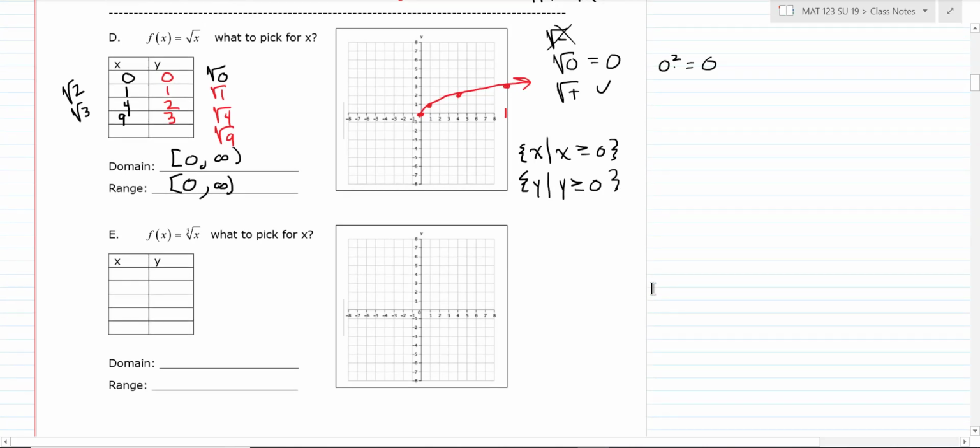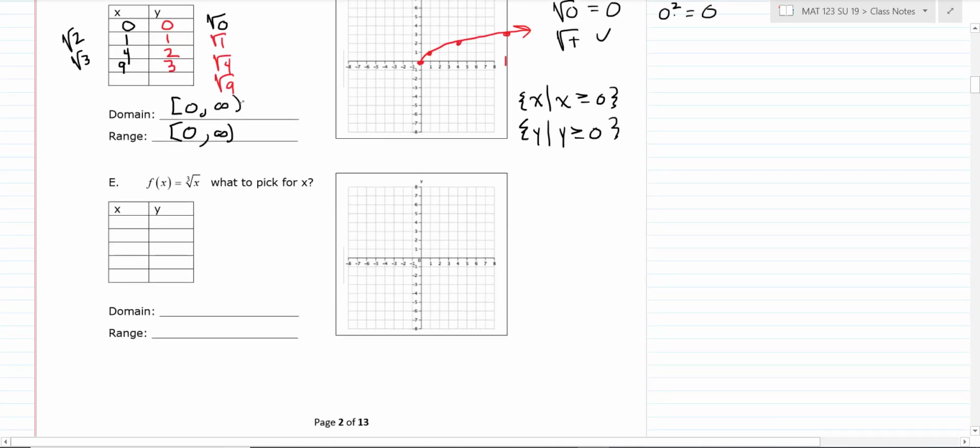Okay, so now we're going to move to the cube root function. And again, this one, we're only going to use numbers that we can do cube roots of. So you want to think about this a little bit. It's okay to do a cube root of a negative number. It's okay to do cube root of 0. And it's okay to do a cube root of a positive number. So what you're trying to do is think backwards.